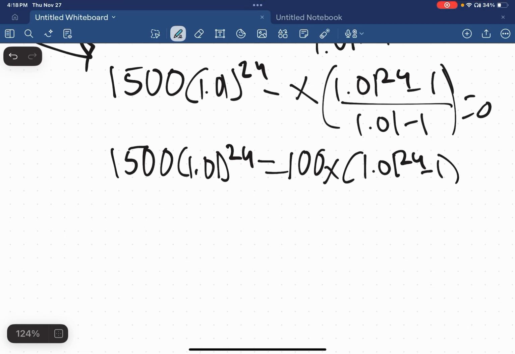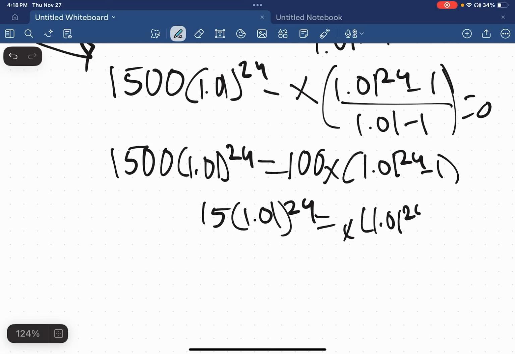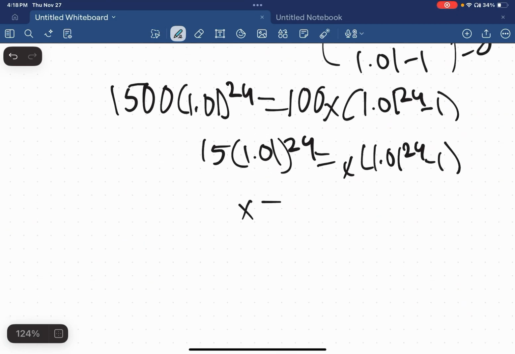Now we divide by 100 on both sides, and divide each side by 1.01 to the 24 minus 1, and that gets us our x value.